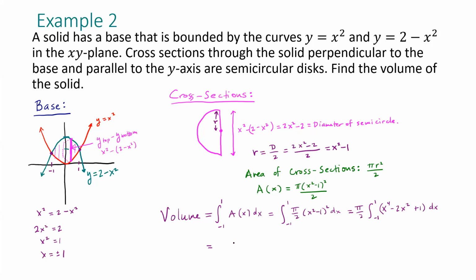Now I will evaluate the antiderivative. We get x to the 5th over 5 minus 2x cubed over 3 plus x. Then we'll evaluate from -1 to 1.